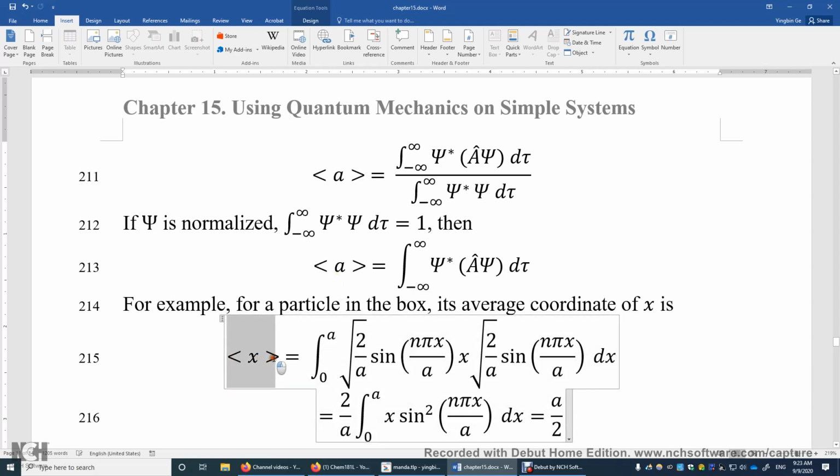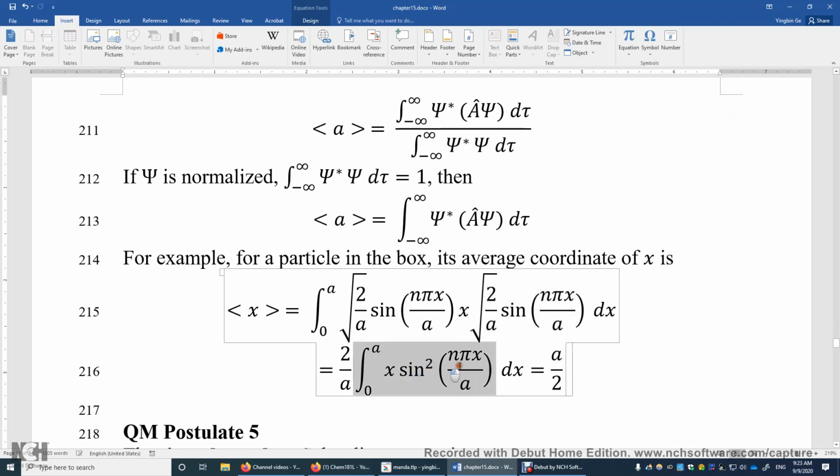This is the expectation value, or the average value, or the probability weighted average value. And we know this wave function is normalized. So we have this wave function here, and then we apply this x operator to psi. If you apply the x operator to a function, it's just the multiplication here, x times that wave function.